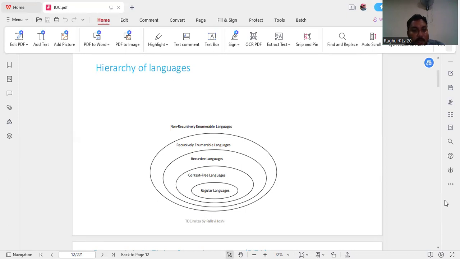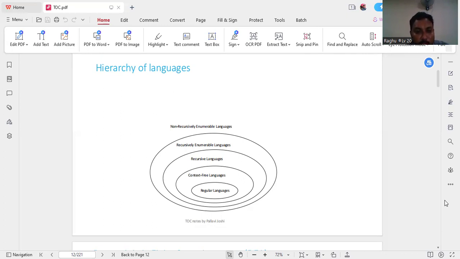Coming to the grammar, we have again 4 types: regular grammar, context-free grammar, context-sensitive grammar, and recursively enumerable grammar. In the same way, we have 4 types of languages: regular language, context-free language, context-sensitive language, and recursive language.